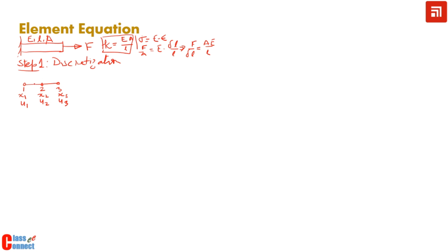So the general representation of a bar element is like this. Let us say this is the eth element.